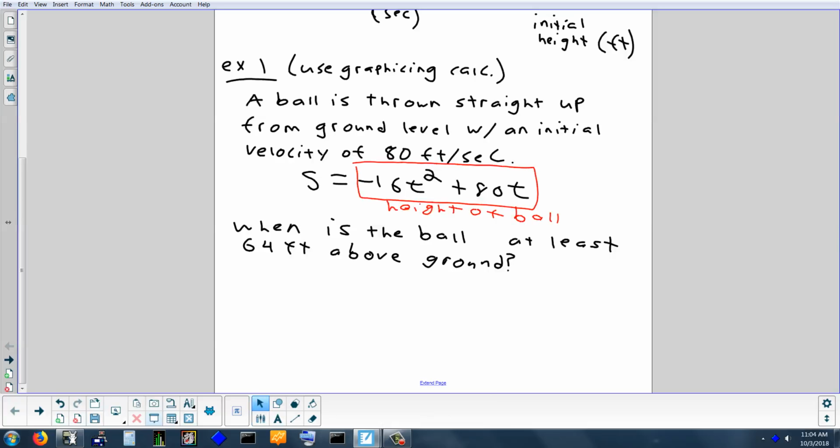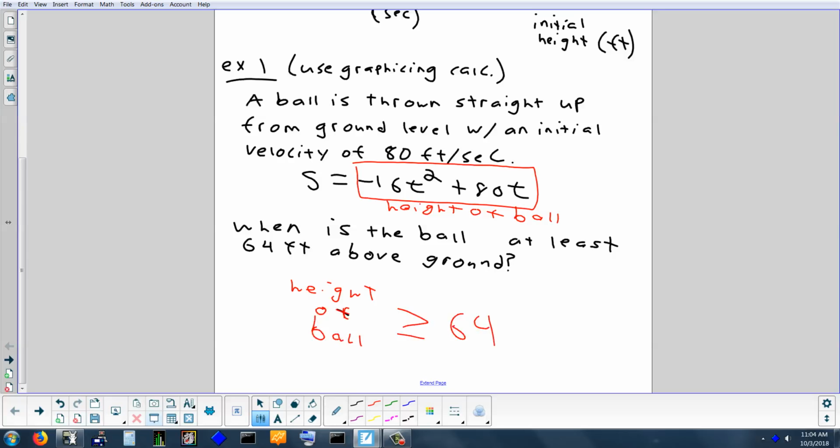At least 64 feet. Jake? 64 feet or higher. So the question is, when is the height of the ball greater than or equal to 64 feet? That's what we want to know.